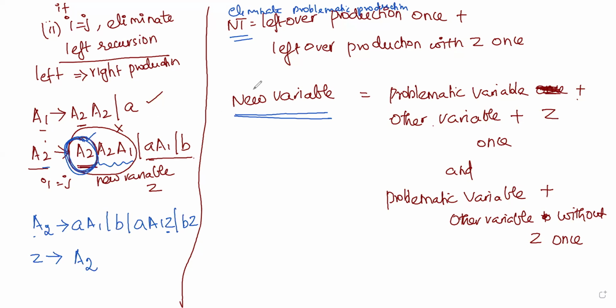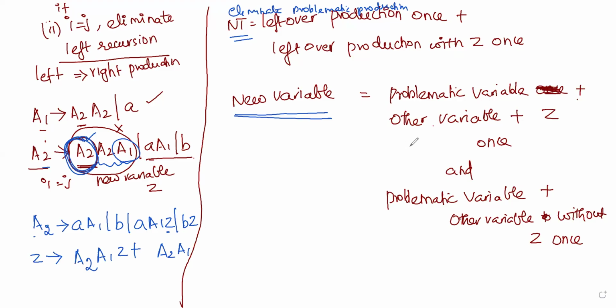So you have to write the problematic variable once, that is A2, plus the other variable. The other variable is A1. Next, Z once, and the problematic variable, other variable without Z once. So this is my production.